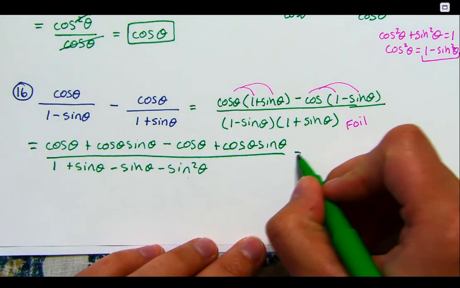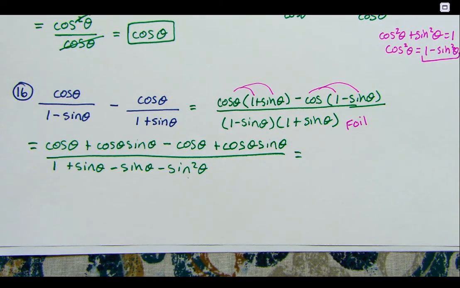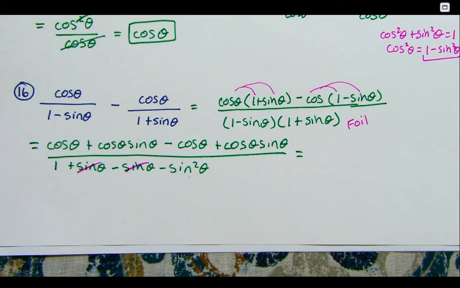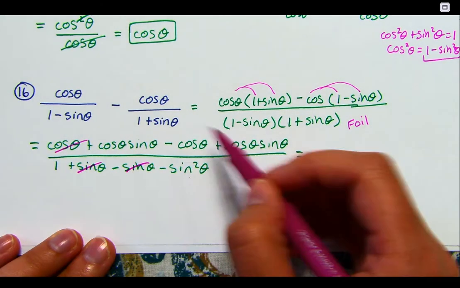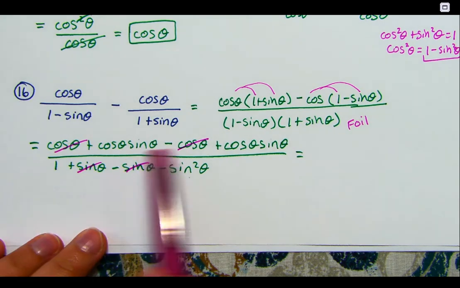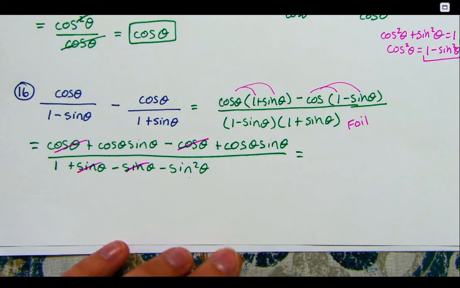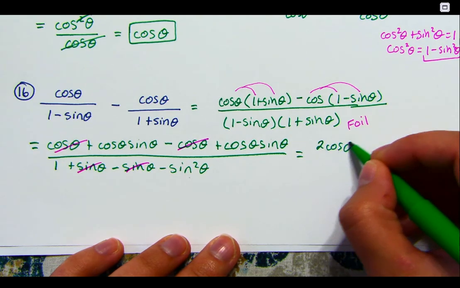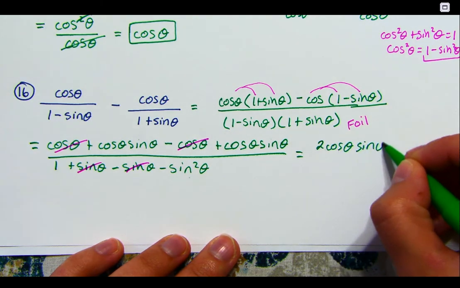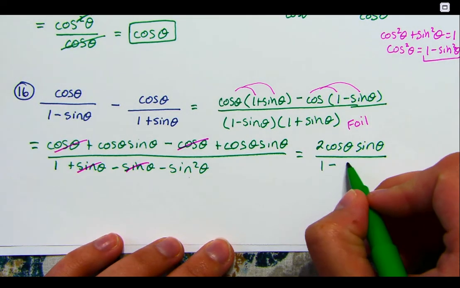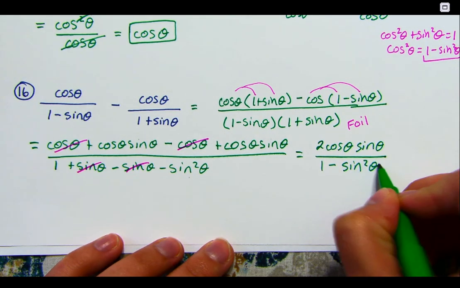Okay. And now I'm just going to start combining like terms. So in the denominator, these two things cancel out. In the numerator, the cosine thetas cancel out. And then I have 2 of these groups. Okay. So in the numerator, I'm going to have 2 cosine theta sine theta over 1 minus sine squared theta.